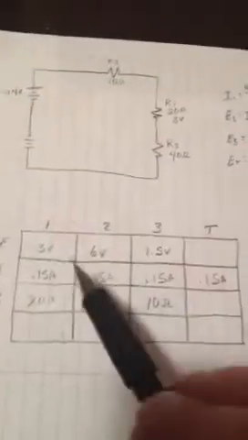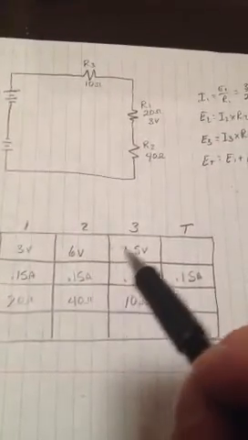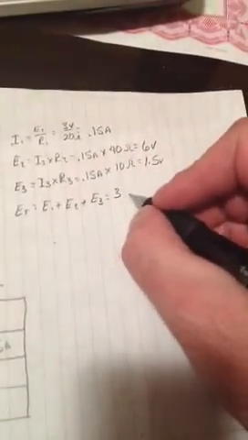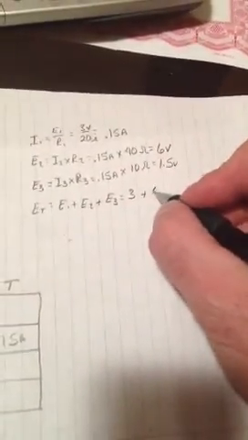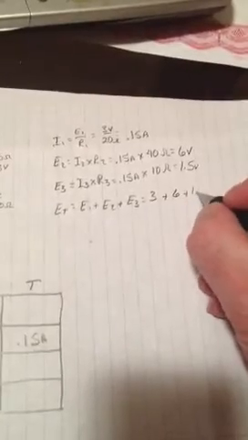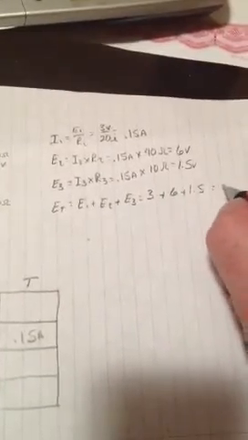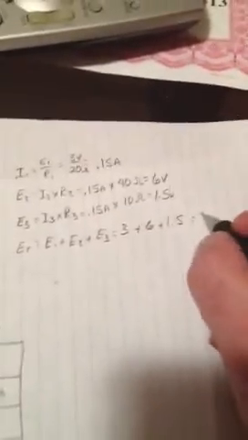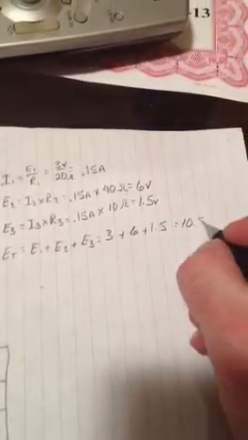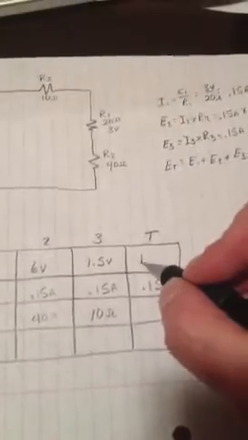So that's going to be 3 plus 6 plus 1.5. So I have a total of 10.5 volts. And I can write that into the table right here, 10.5.